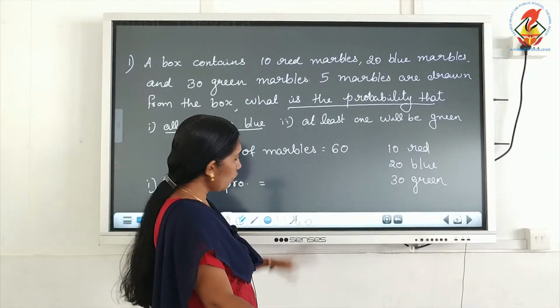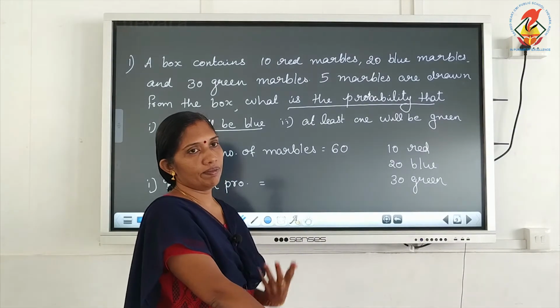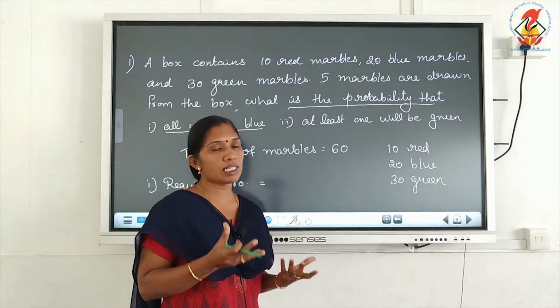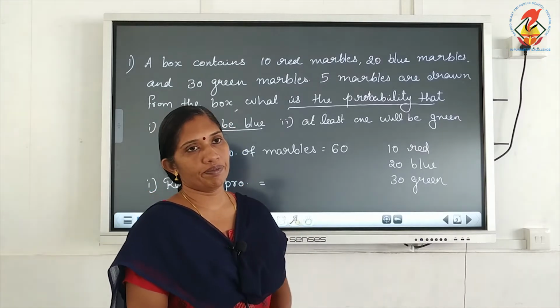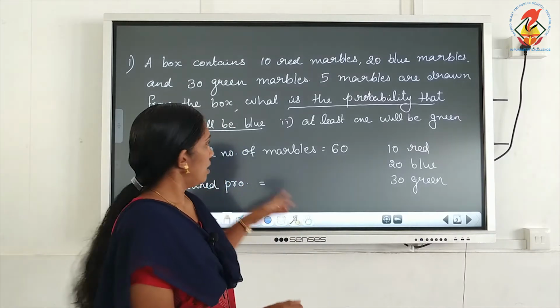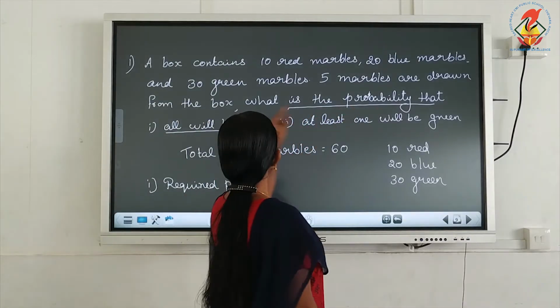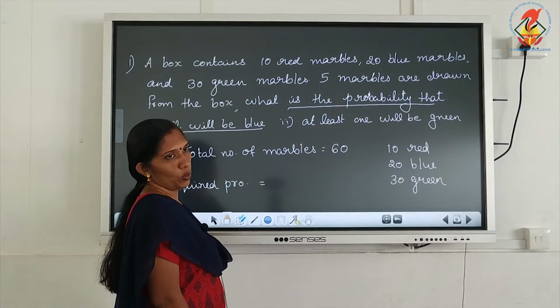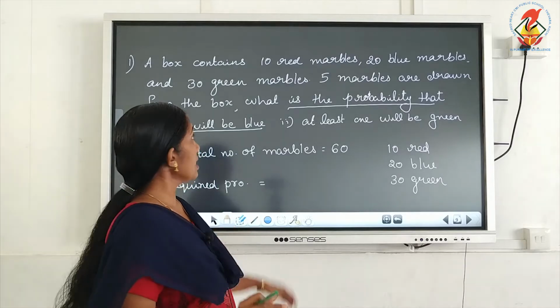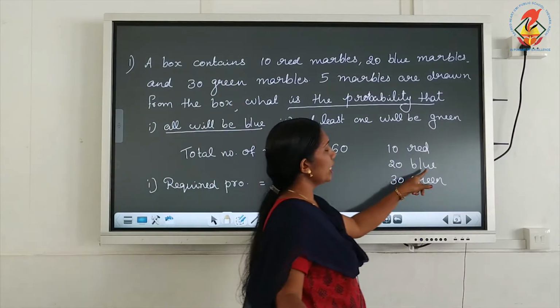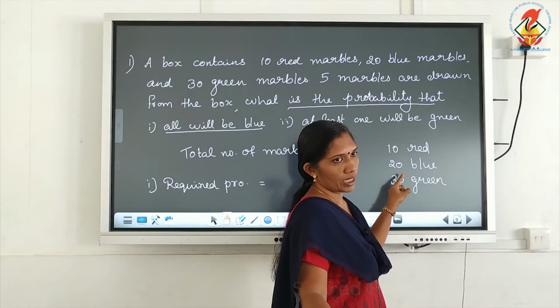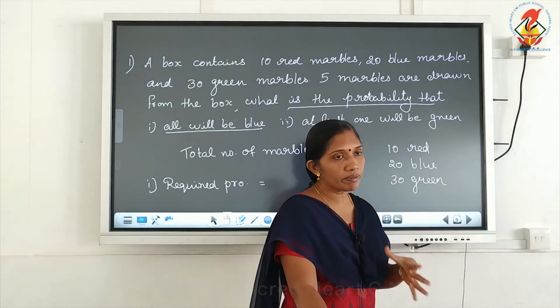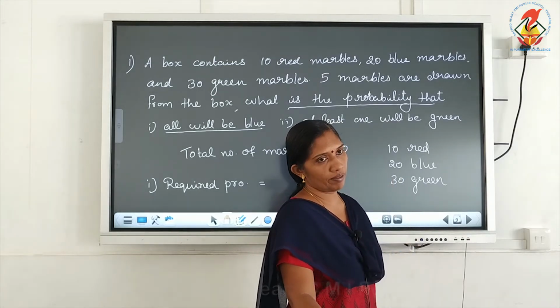Then the denominator is the total, which means from these 60 we have to take 5. Understood? The question is what is the probability that all will be blue. So, the numerator part is from the blue we have to take 5, and the denominator is from 60 we have to take 5.